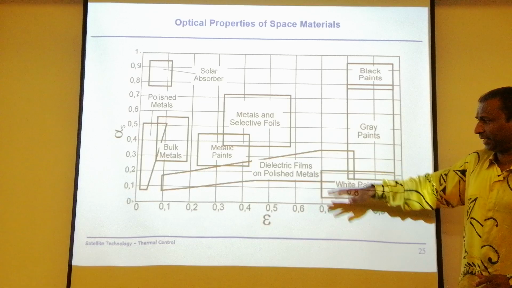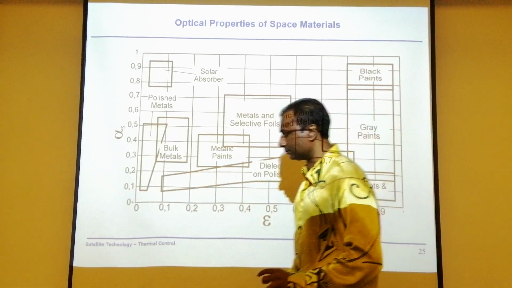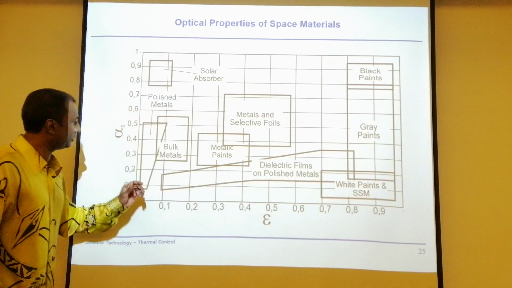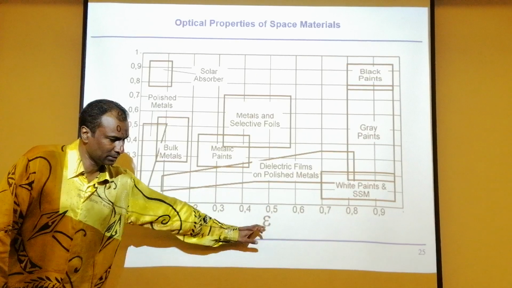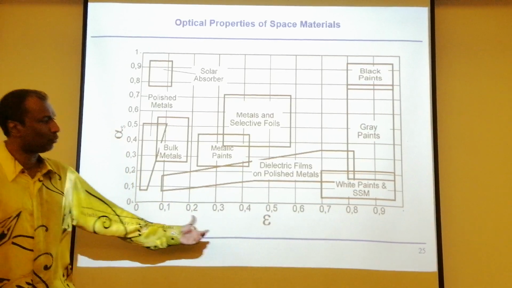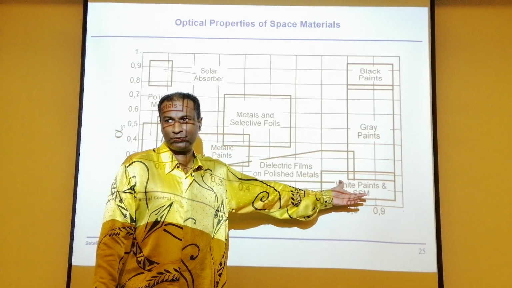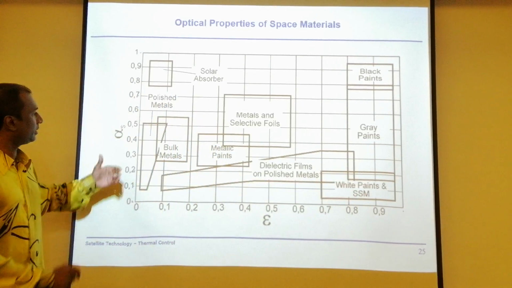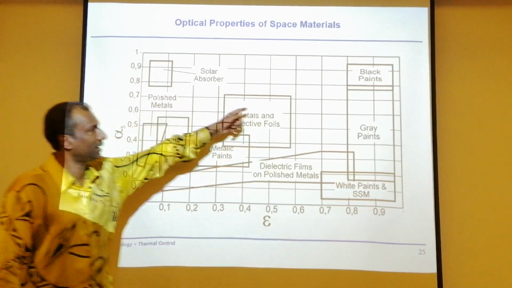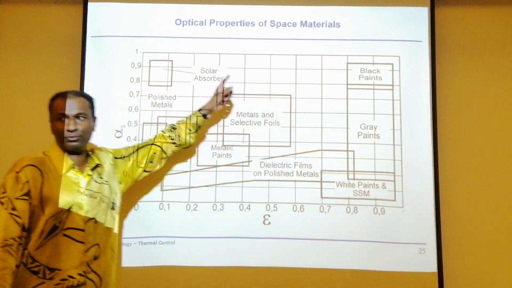And I've given the absorption and emission. Obviously, white paint and second surface mirrors have very good emission. And for absorption, black paint is always going to absorb more.